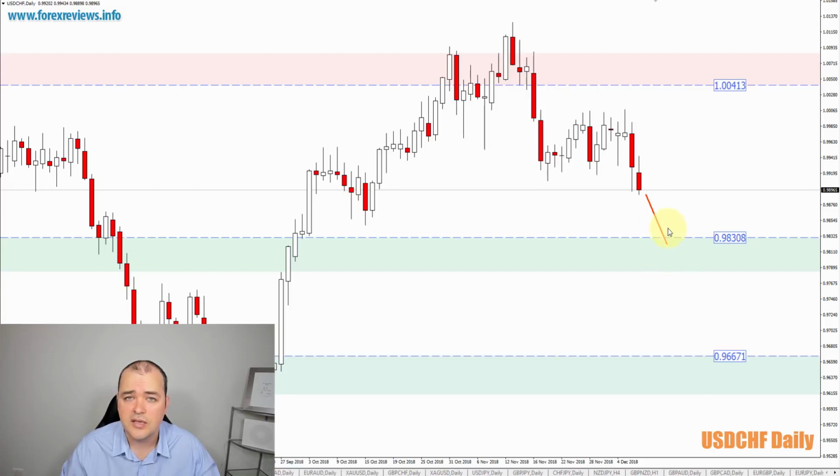What I'd like to highlight is the 98.30 zone area as a potential long-term target area to the downside for all those people holding a sell trade on this market from the recent test of this high area back here. I also want to highlight that the 98.30 zone area is not only a potential target area to the downside, but it's also an area where I'm just looking for bullish events.